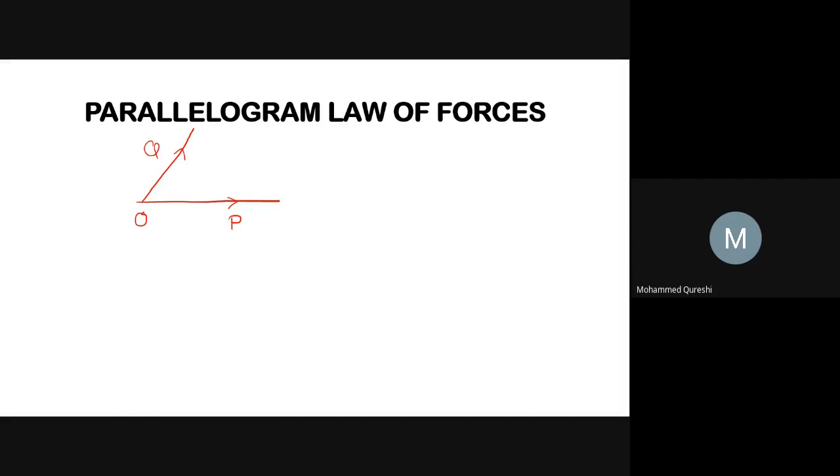So we represent the particle as O. Two forces acting simultaneously on a particle be represented in magnitude and direction by the two adjacent sides of the parallelogram. This will be your Q force.